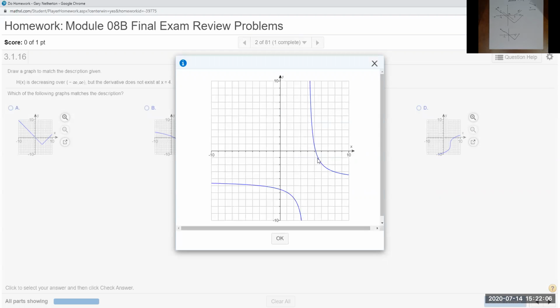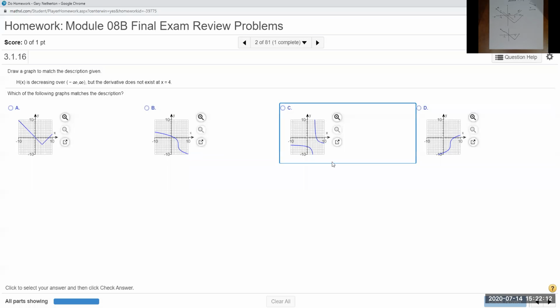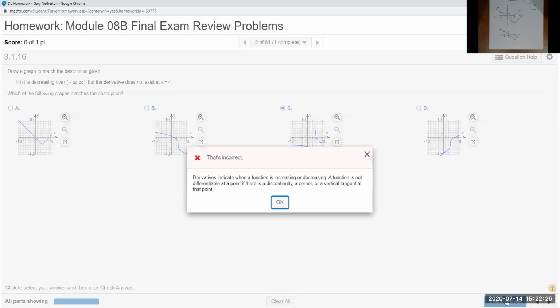But the difference is in this one, the actual graph doesn't exist. And for B, the graph exists, but it's undefined. So since this one says derivative does not exist, to me, the wording is a little goofy because I think it could be either one, but my guess is I would choose C if I had to choose one.